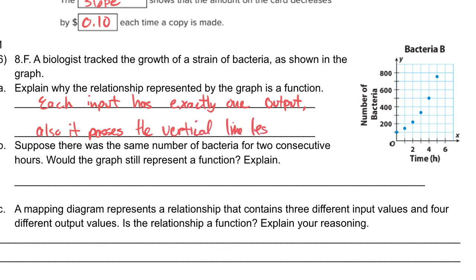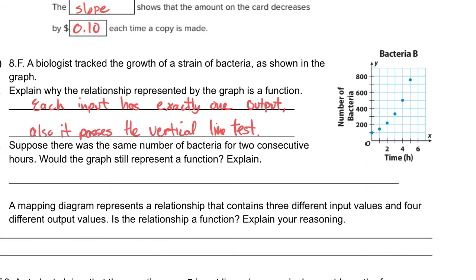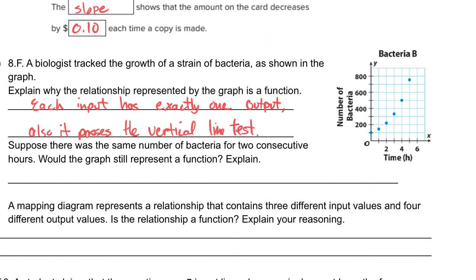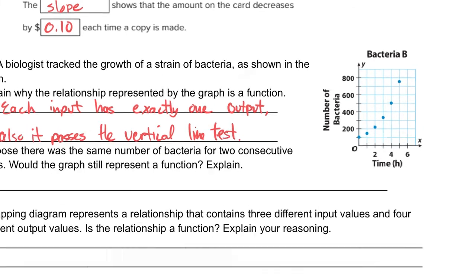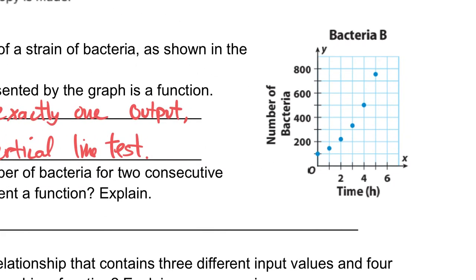Okay, suppose there was the same number of bacteria for 2 consecutive hours. Would the graph still represent a function? So what they're saying is, let's say on hour 4 we have this 500, and then the next hour, the 5th hour, there would also be that.